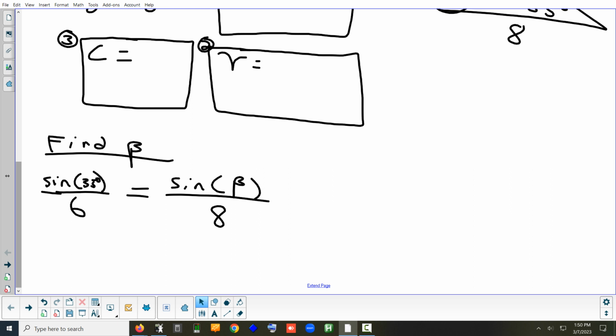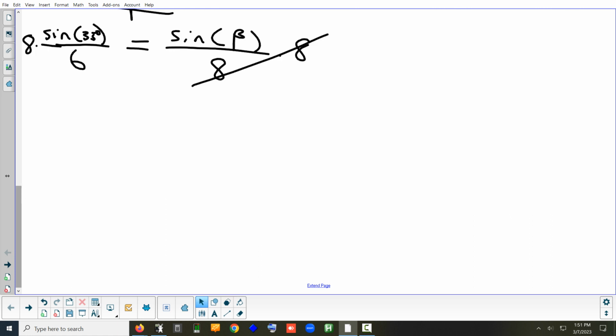And again, we don't even really need to cross multiply. We just need to get sine beta by itself. So what could I do on both sides to make that happen? Just multiply both sides by 8. Times 8.